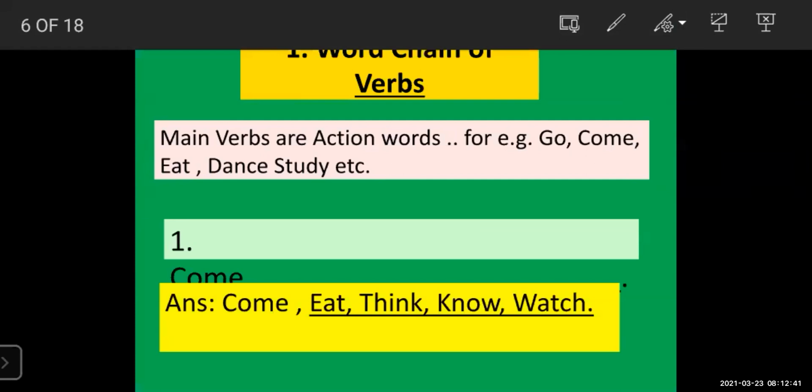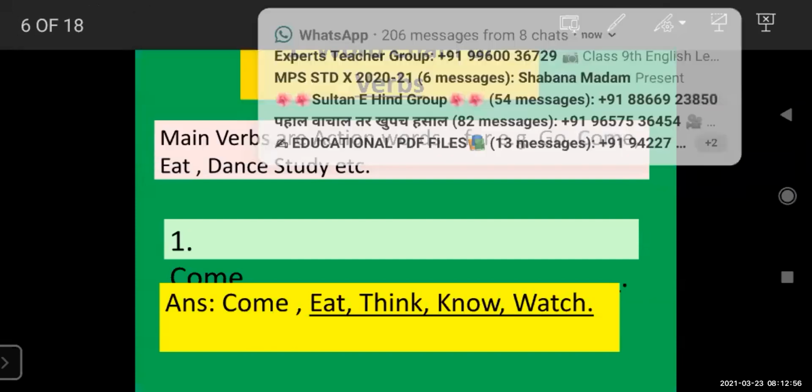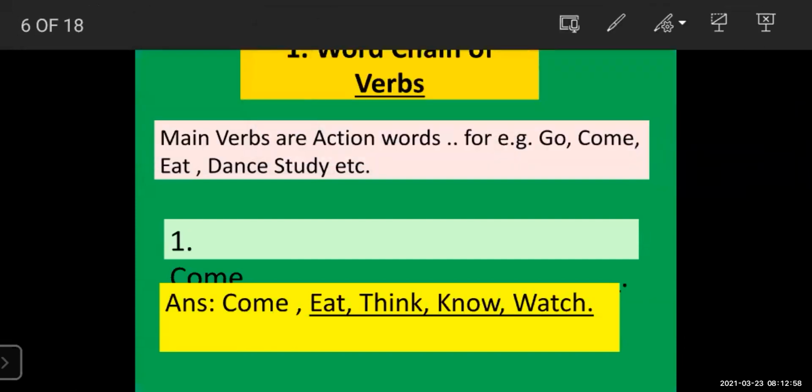Now, come is an action word. The last letter of this verb come is E. Now you have to begin your next word with a verb beginning with E.